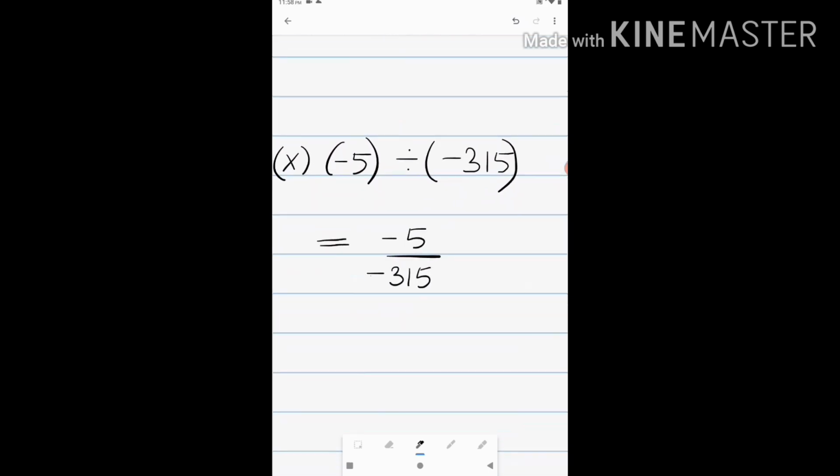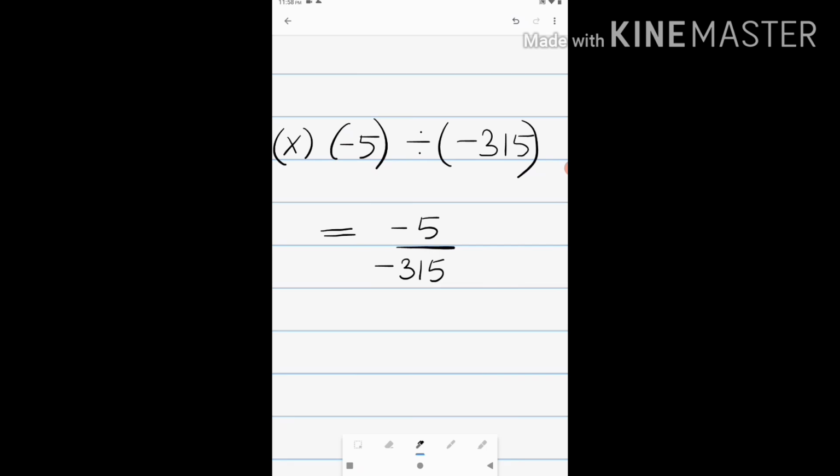And the last sum, minus 5 divided by minus 315. Again, when we are doing cancellations, we can directly see that both are divisible by 5. So you are going to write 5 ones are 5, 5 6s are 30, and carry 1. When you carry 1 here, this becomes 15 here. So 5 3s are 15.